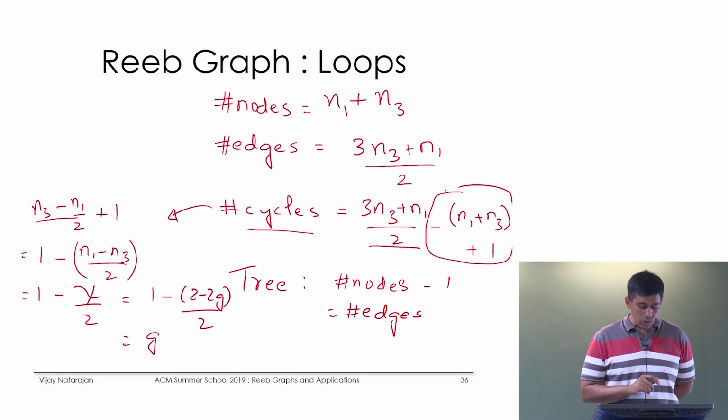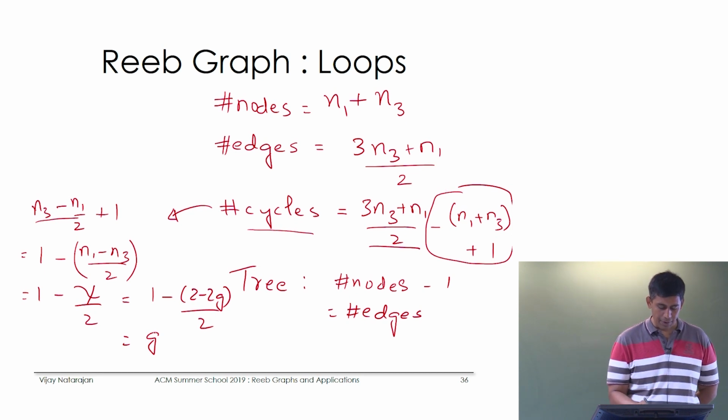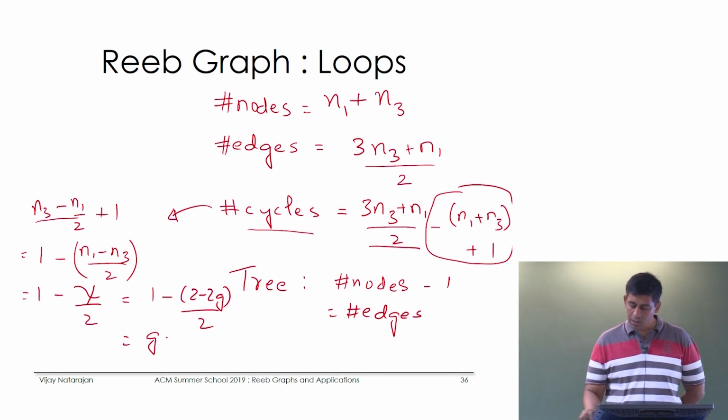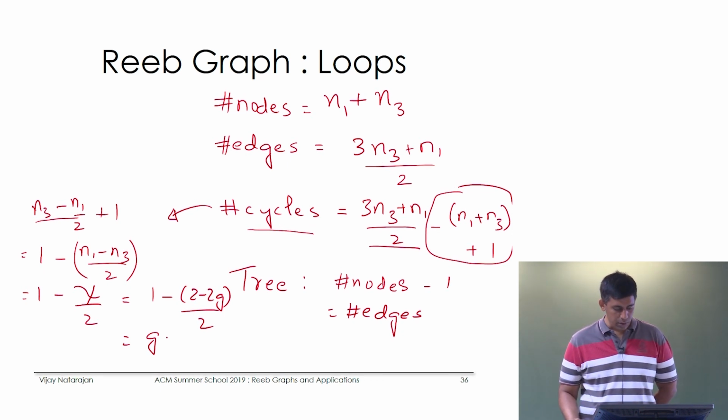So what is this true for? This is true for manifolds, in particular 2-manifolds, because that's where you have genus and so on. But it turns out that something like this holds.